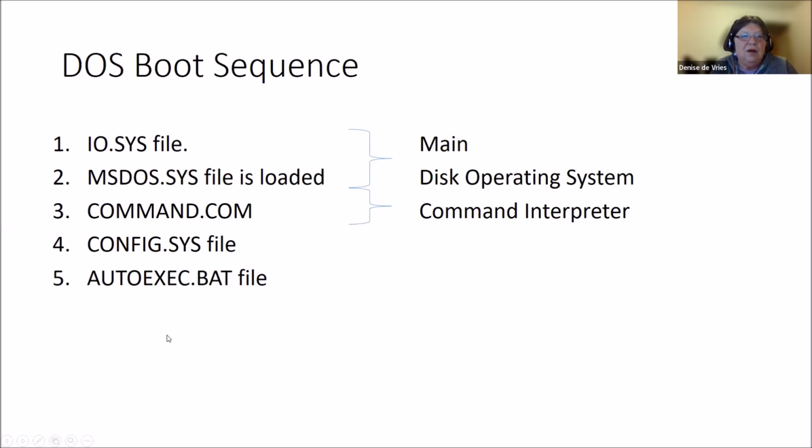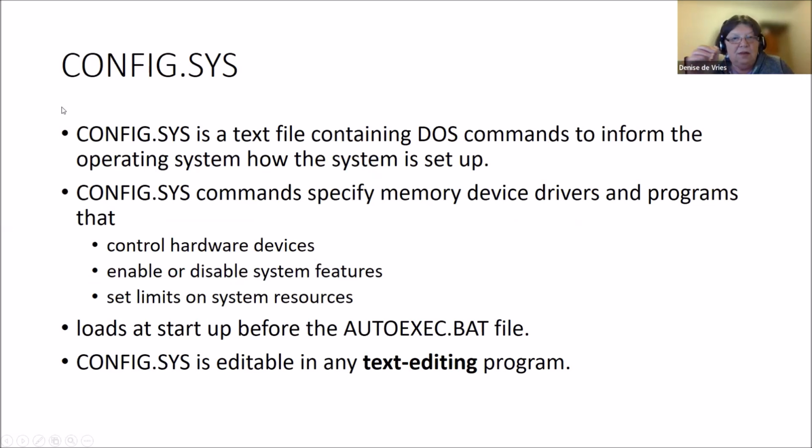So the config.sys file is an editable text file, and it contains all the DOS commands that you need to set up your system and inform the operating system how you want it set up.